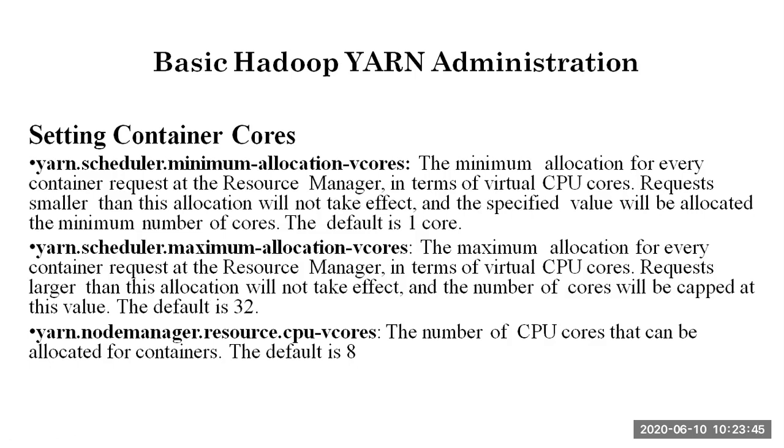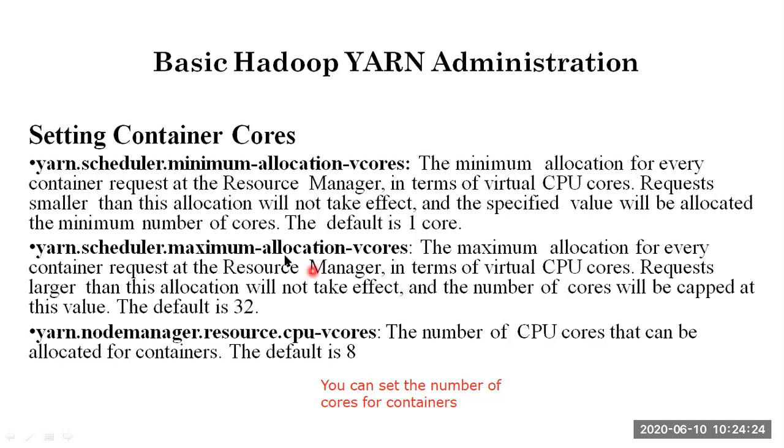In setting the memory, we talk about memory allocation, and in this we talk about cores, where you can set the number of cores for containers. And to do this, you can use three commands.